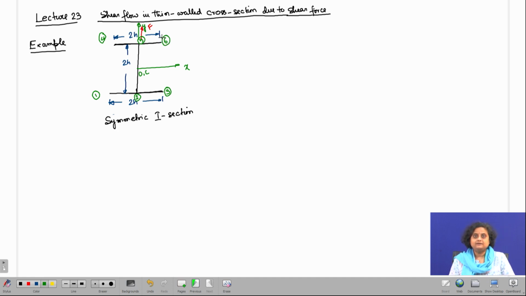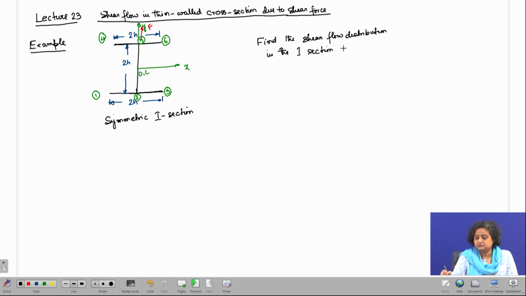The force F is applied at point 5 through the centroid, and the magnitude of the force is F. So, we need to find the shear flow distribution in the I section due to the applied force. So, that is the problem statement.